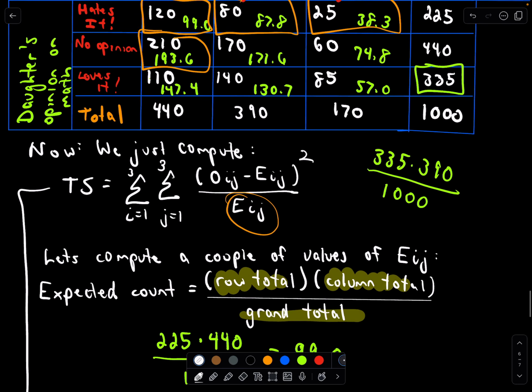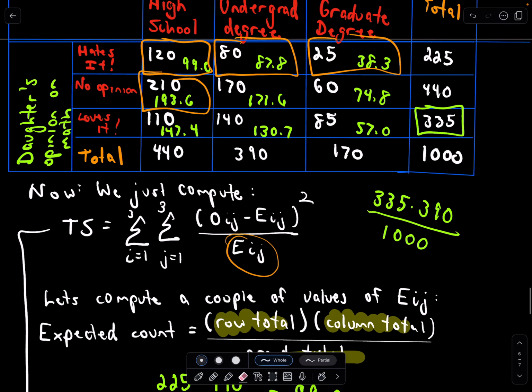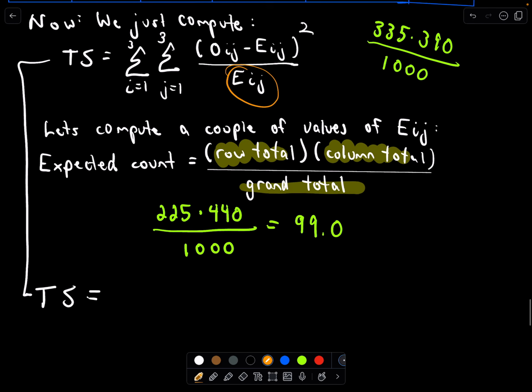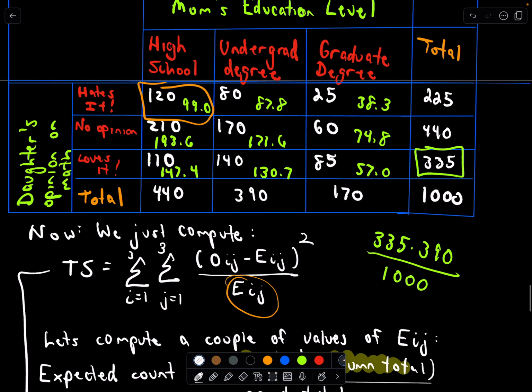If I look at, for example, this first little box, I would take 120 minus 99, square that, and divide that by 99. And then I would add to that the next one.